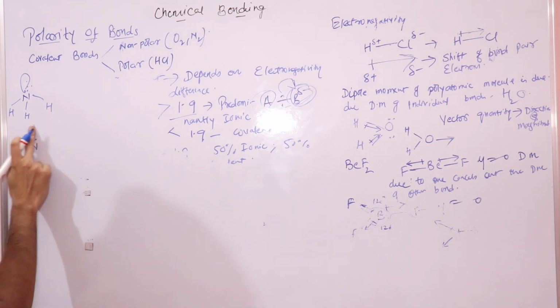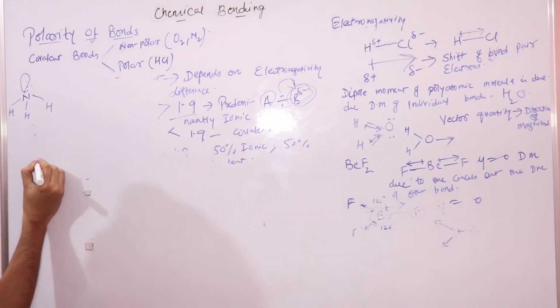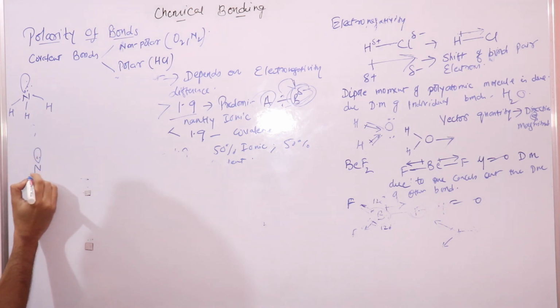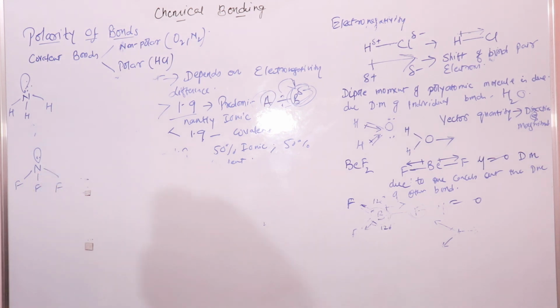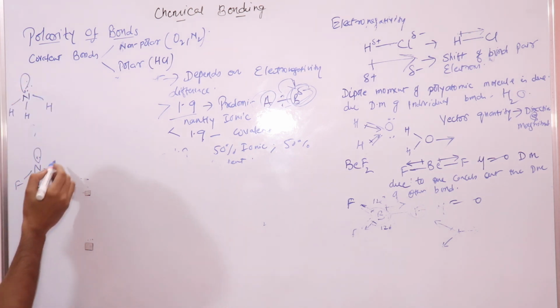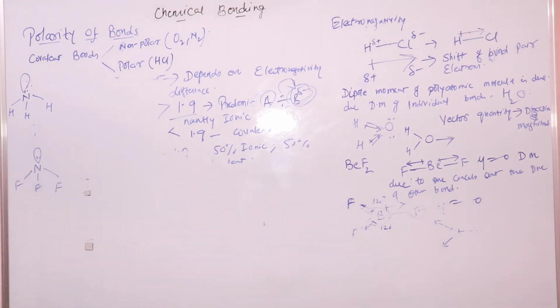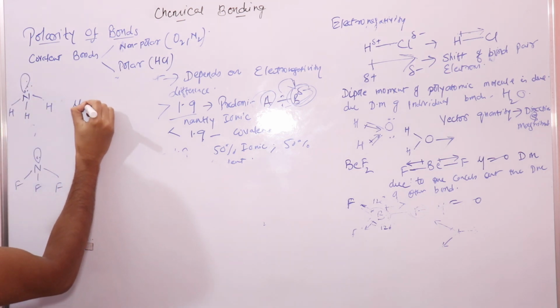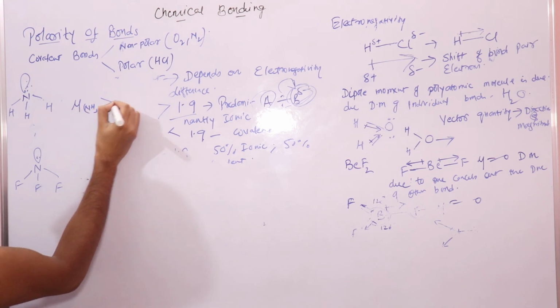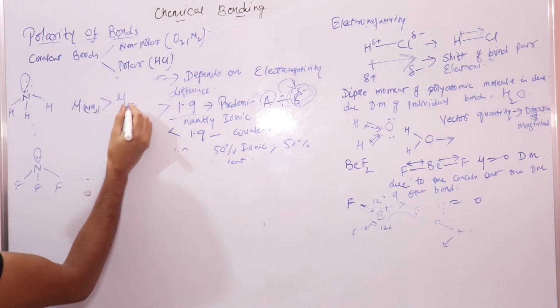Here also you have NF3. Fluorine is more electronegative than hydrogen, but the dipole moment of ammonia is more than that of NF3. This is what we need to understand. Why is the dipole moment of ammonia greater than the dipole moment of NF3?